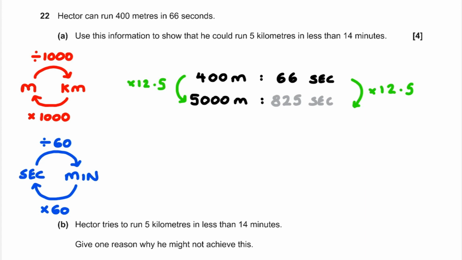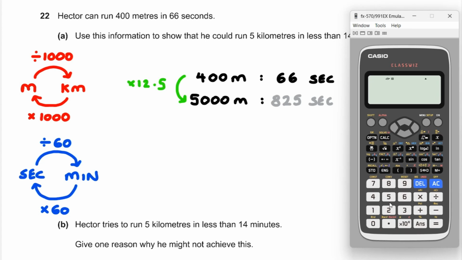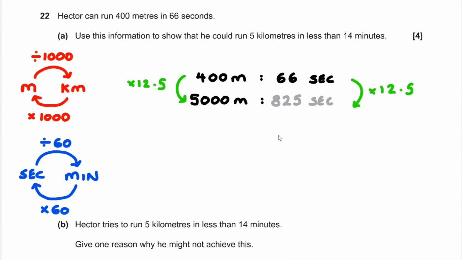So now I need to convert this 825 seconds into minutes by dividing by 60. So if I do 825 divided by 60, I get 13.75.